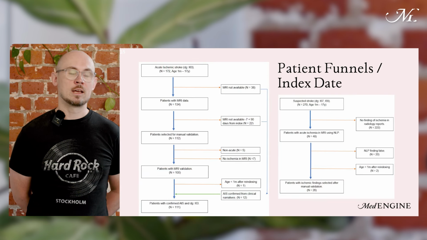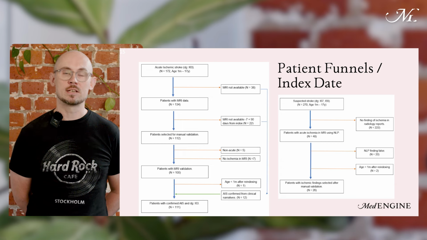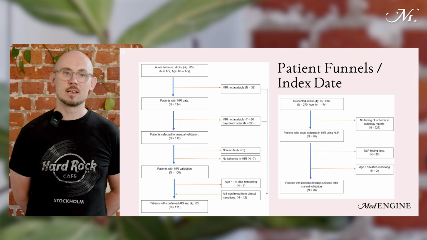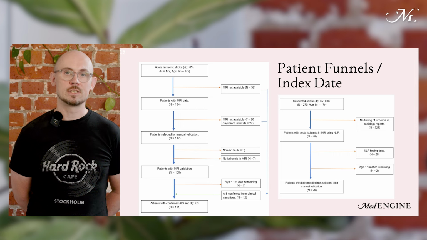So here is an example of the complexities in how we actually define the patient population. I won't explain everything here, but basically it shows that it's not really easy to define your cohort when you're in this kind of rare disease indication.